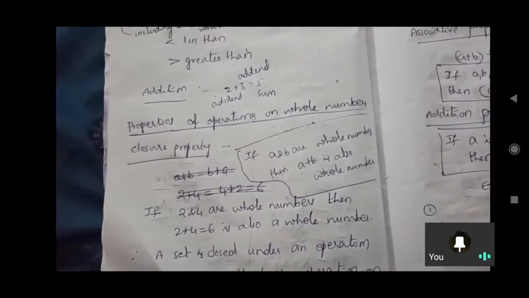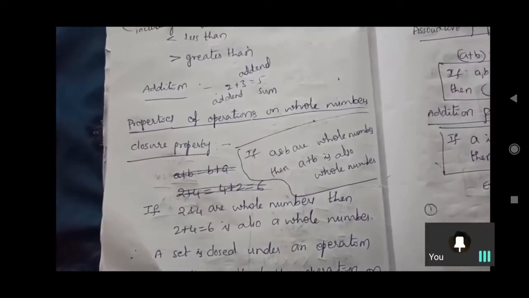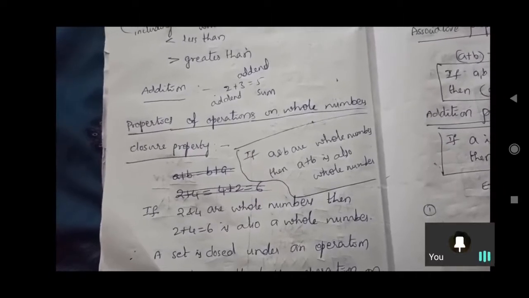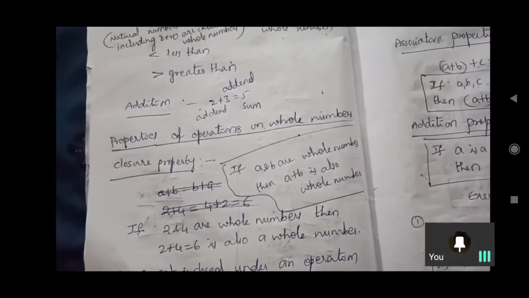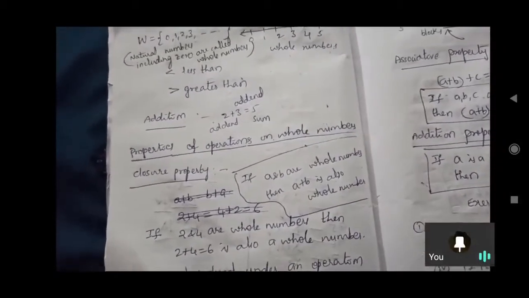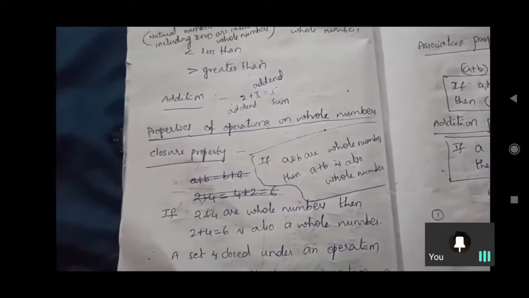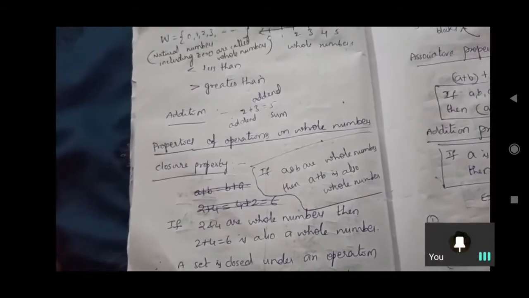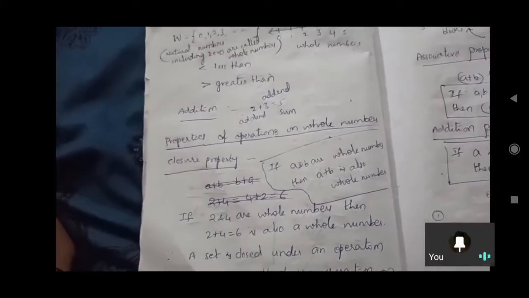So at that time, those are closed under that set of numbers, closed under the operation of addition on whole numbers. If the two numbers are whole numbers, and their addition is also a whole number, at that time the closure property is satisfied by that set of numbers.